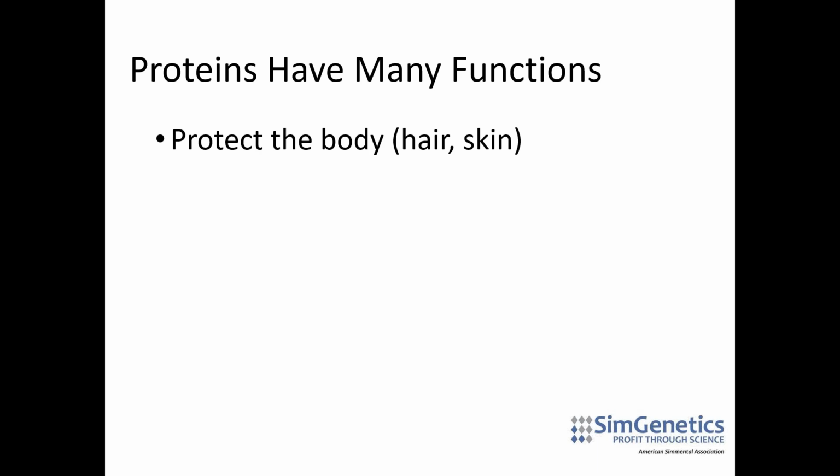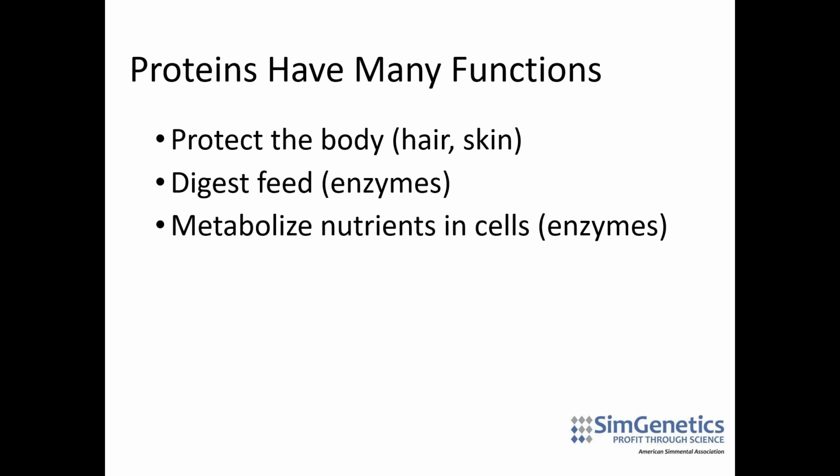Okay, so proteins protect the body. Your hair and your skin both are high in protein. Proteins can help digest feed, and so a lot of enzymes, cofactors that are going to help in the breakdown of feed are going to be proteins. They help metabolize nutrients in cells via enzyme use.